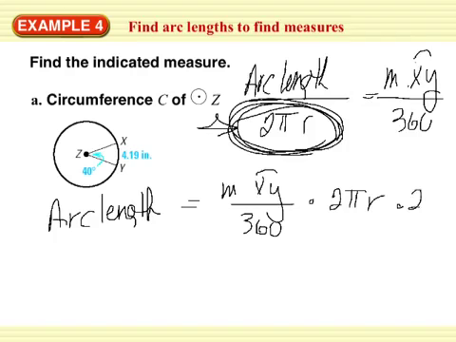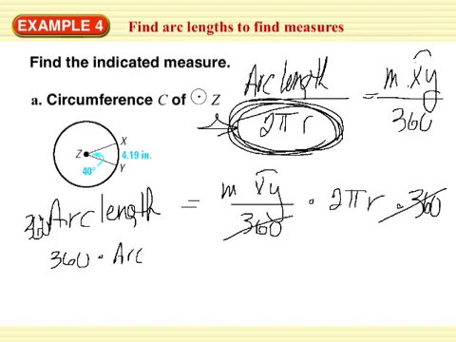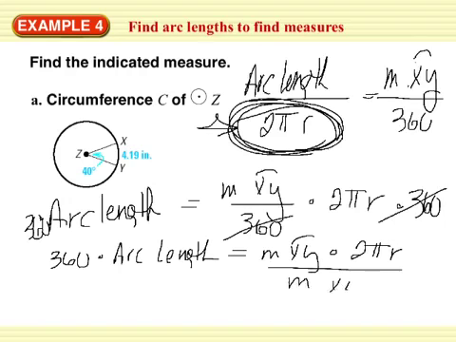Multiply both sides by 360. Cancels those out. I'm left with 360 times arc length equals the measurement of the arc times the circumference. Divide both sides by the measurement of the arc.